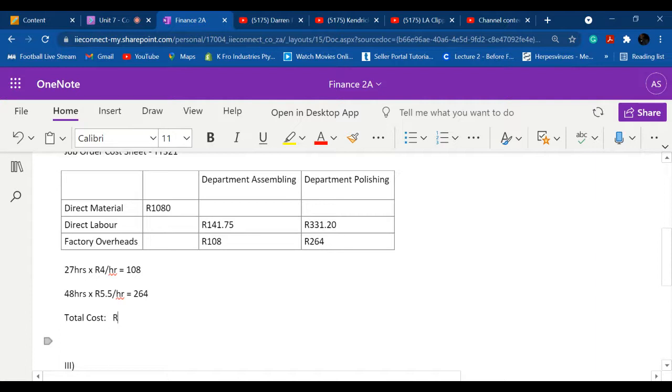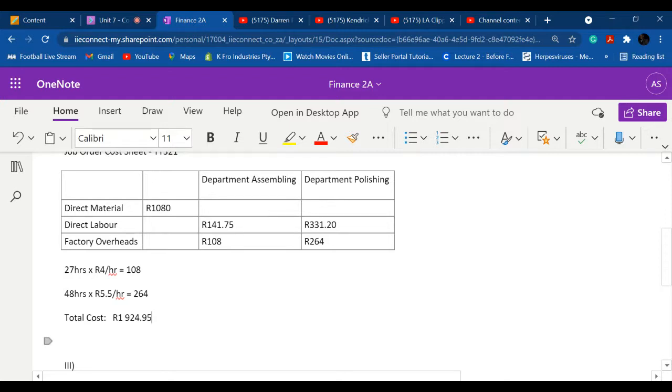Okay, so I'm getting a total of R 1,924.95. So that's the rate that I'm getting for the cost of this job.